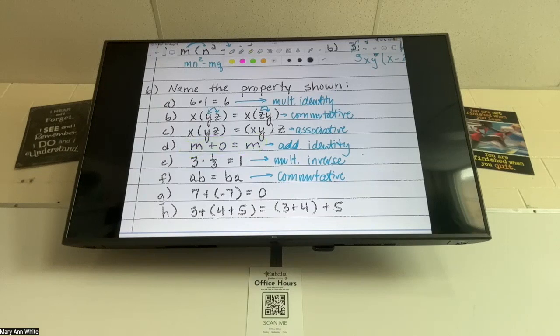Property of 0? No, not property of 0. I like that idea though. Inverse. This is where we add 2 numbers together and we get out the identity. Because we get the identity of 0, just like the multiplicative inverse, where you multiply 2 things and get out 1, we're adding 2 things and we get out 0. So we'll call that additive inverse.